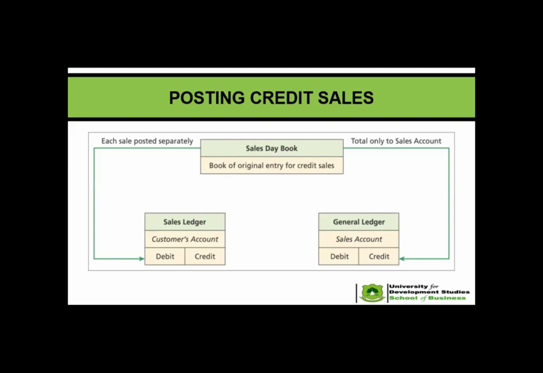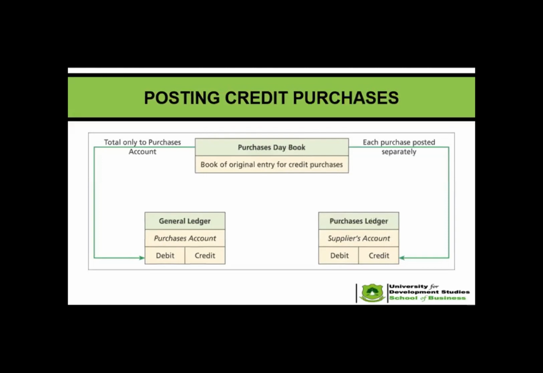We say that the sales ledger is a book that contains the account of individual customers. So anytime there is a sale, you debit their account because they are owing you. And anytime there is payment, you credit the account. But let's understand at this stage that the sales ledger contains the accounts of all our customers. So that's about sales.